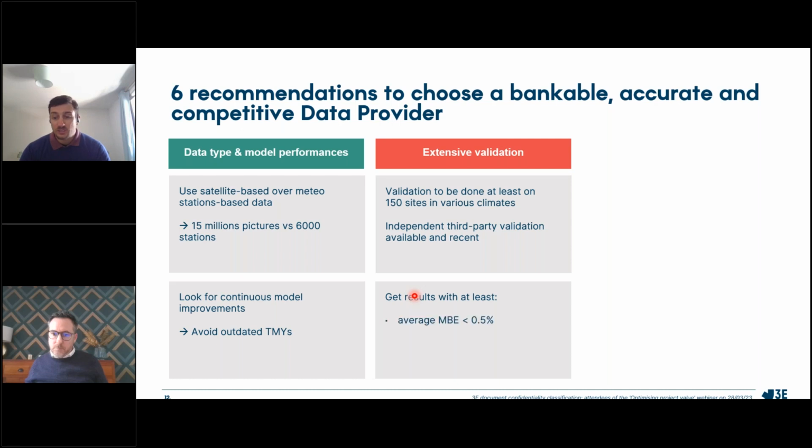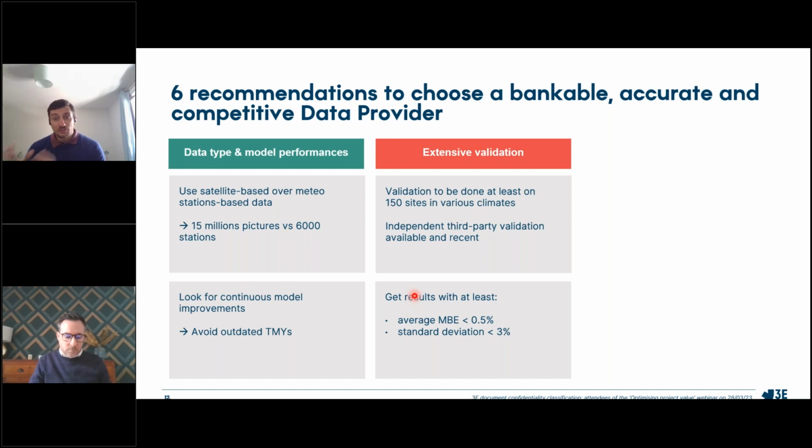Generally speaking, if I speak about the performance of the model and the values that we can share, we have seen over the years that when you choose a data provider which has a mean bias error below 0.5% and a standard deviation below 3% on average over these 150 sites, you are going to select a trustable and accurate database.